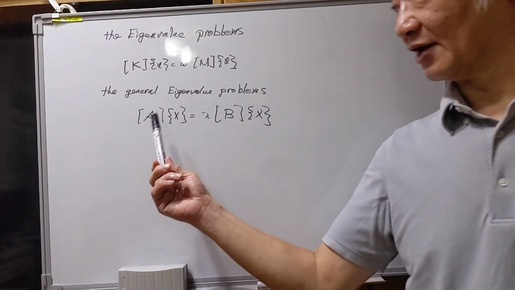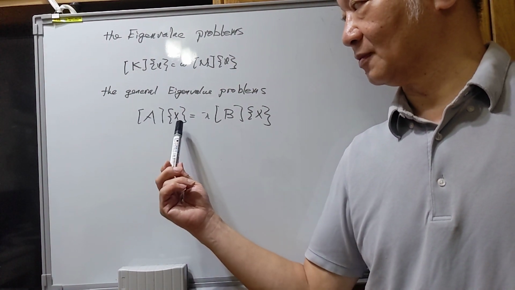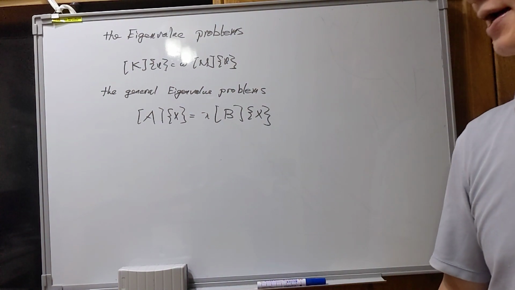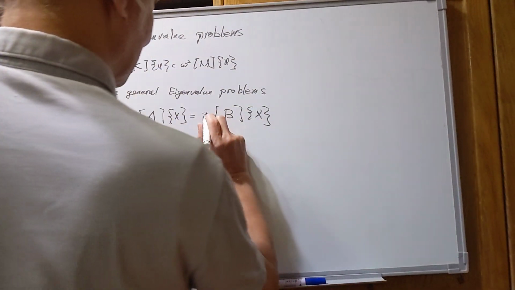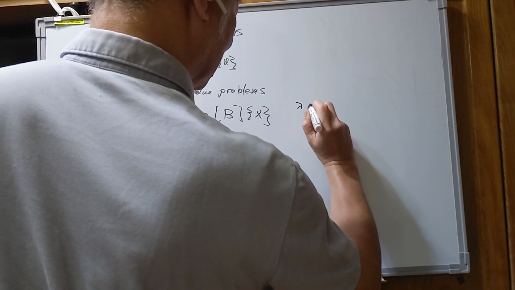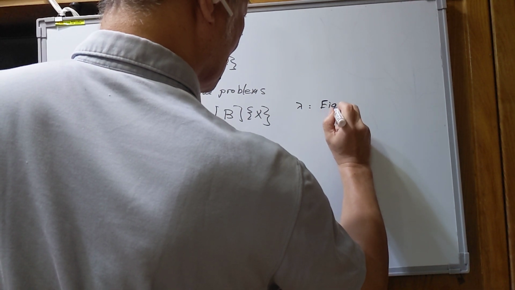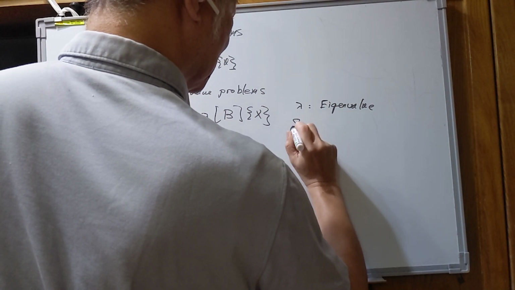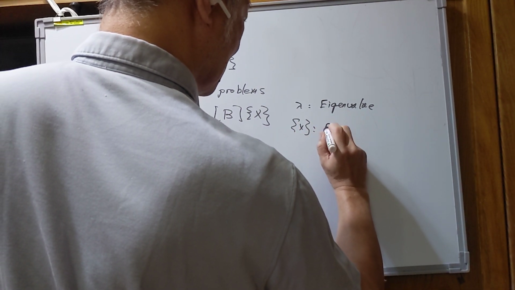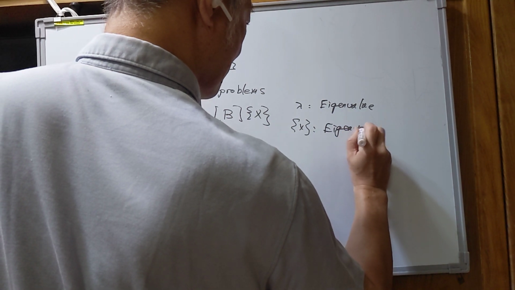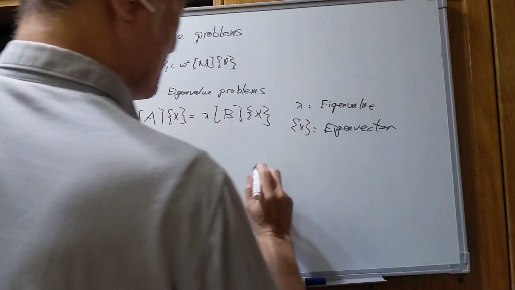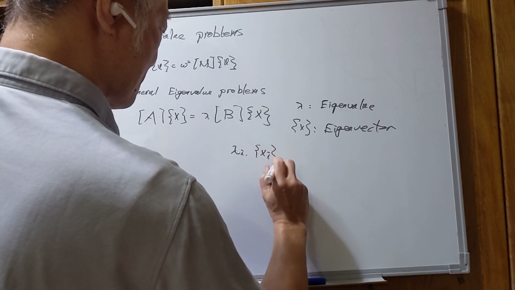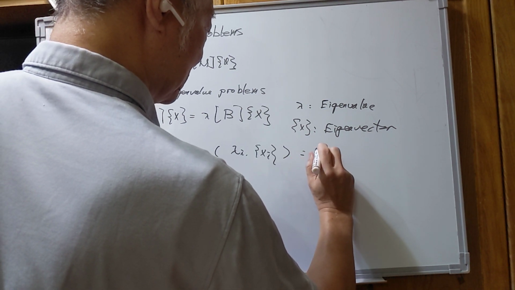On the left hand side, the matrix A multiplied by the vector x is equal to lambda B x, where lambda are the eigenvalues and x are the eigenvectors.